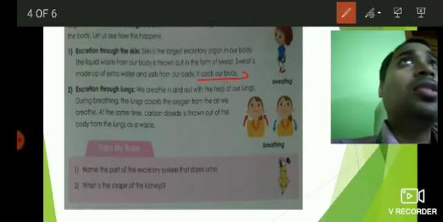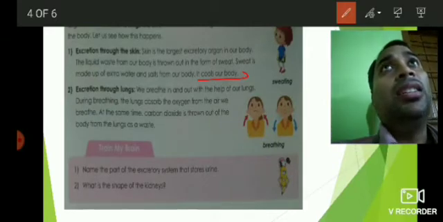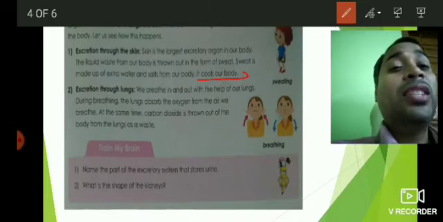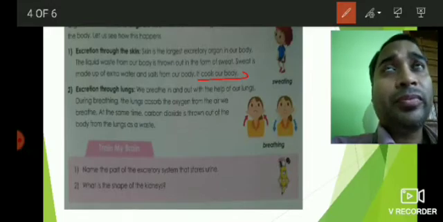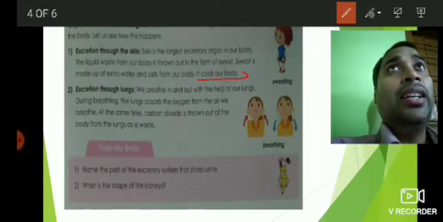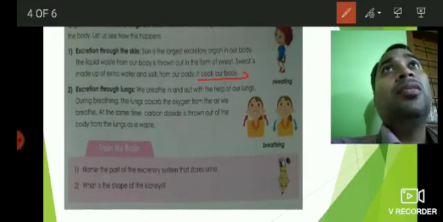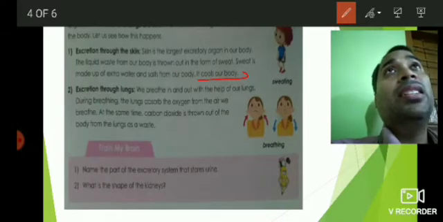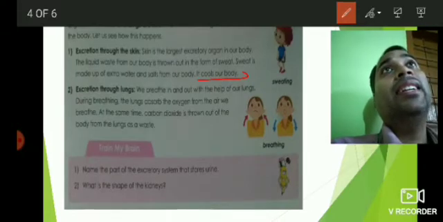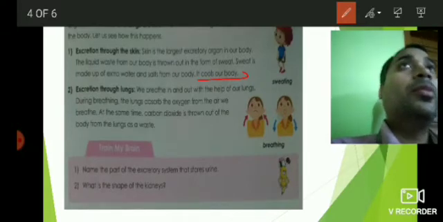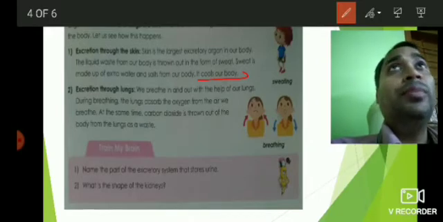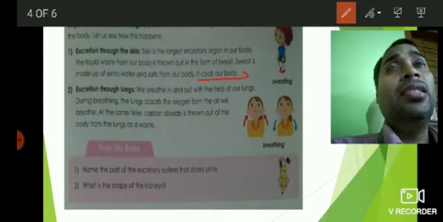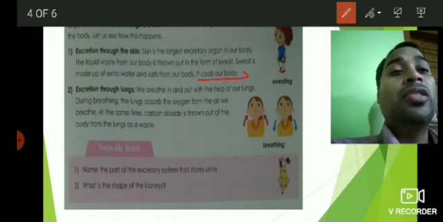Now once the process of respiration is done, carbon dioxide is produced as waste, which has to be removed from our body. This waste is again carried by the blood from the cells all the way to the lungs, and the lungs absorb this carbon dioxide and then expel it from our body. So it helps in taking out the carbon dioxide from the blood, and thus it is removed through our nostrils.